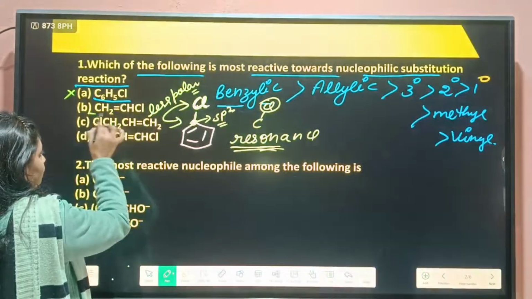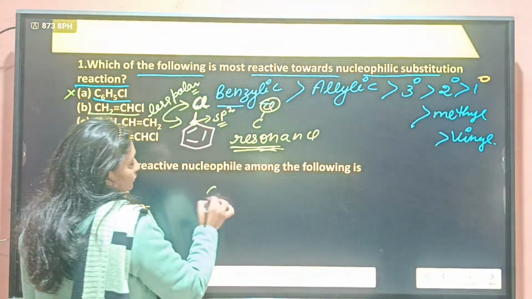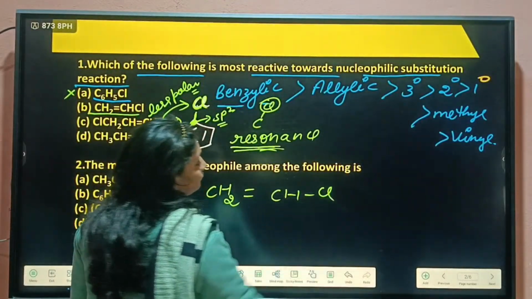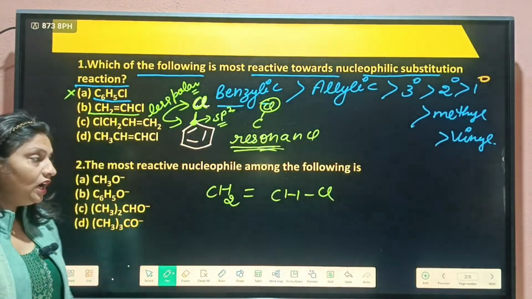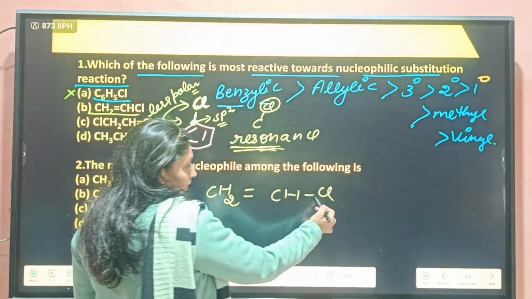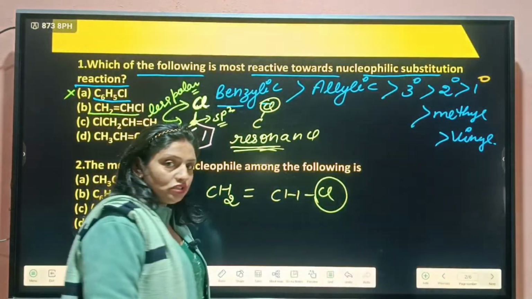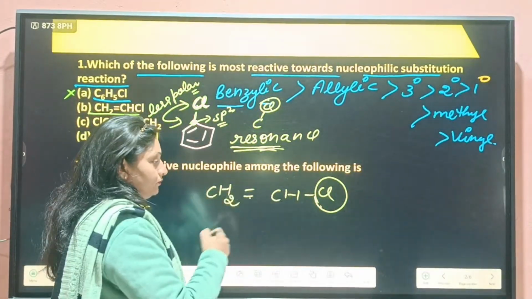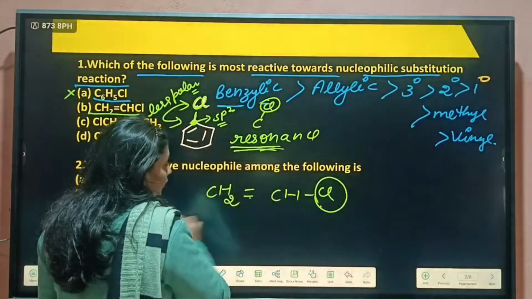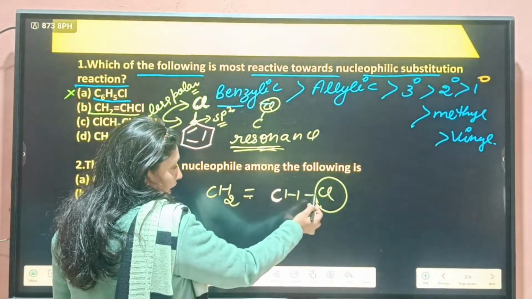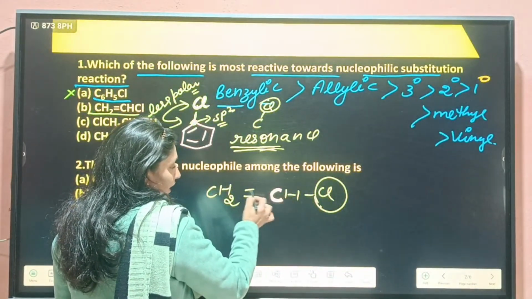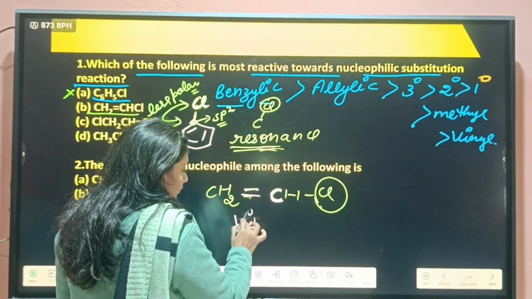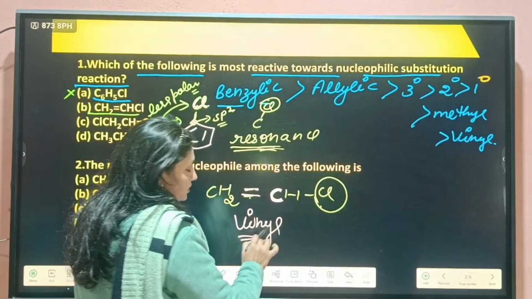Now this one, CH2 double bond CHCl. If any functional group, here halogen, is attached to the doubly bonded carbon, then it is known as vinyl.